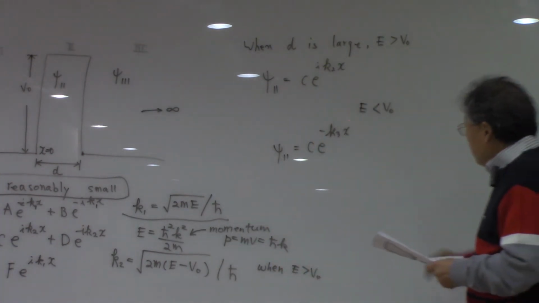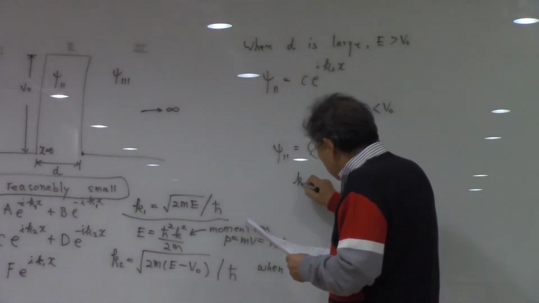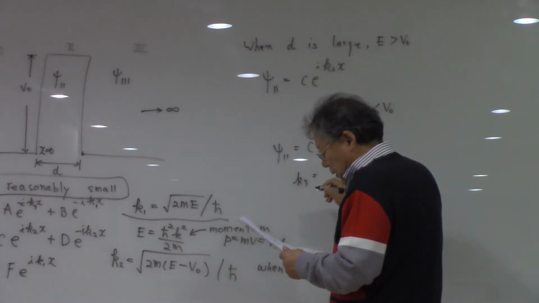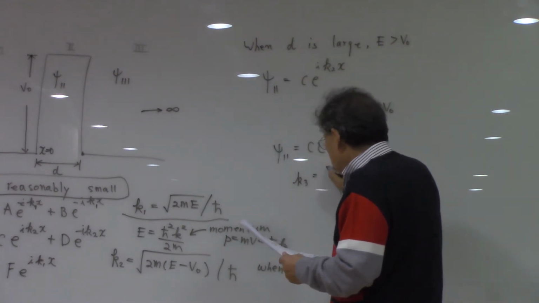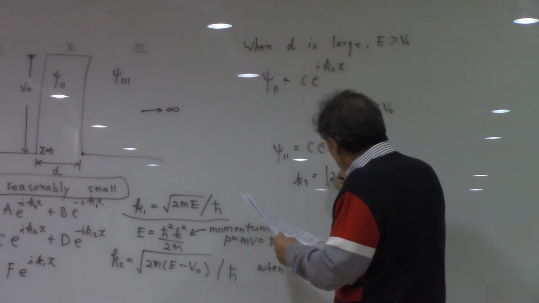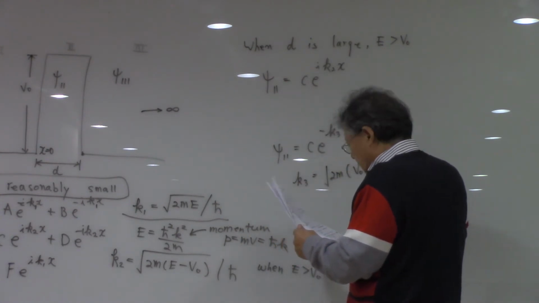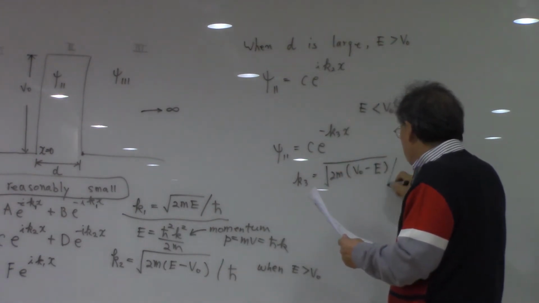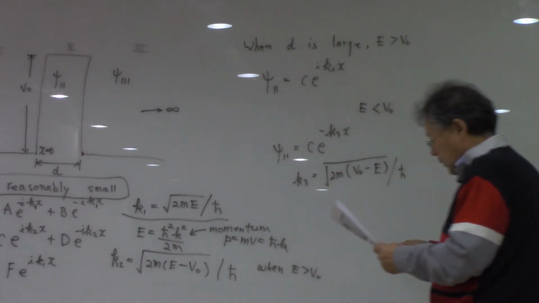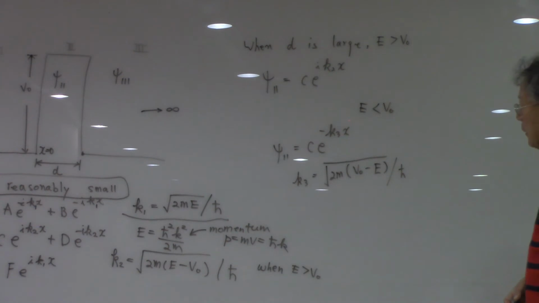And here k3 is going to be the square root of 2m(V naught minus E) in this case, over h bar. Something like that. Okay, it can be arranged in this fashion.